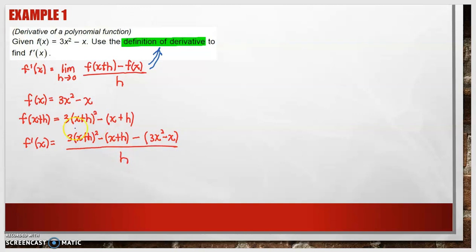This part is f(x plus h), then minus f(x), over h. Don't forget to put a bracket. And then we just expand and simplify.